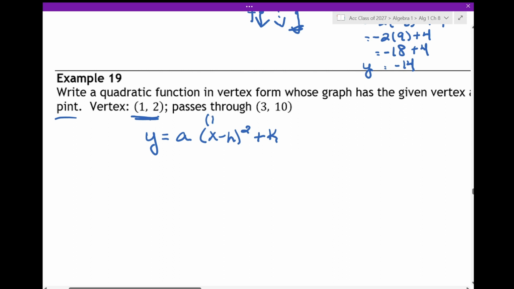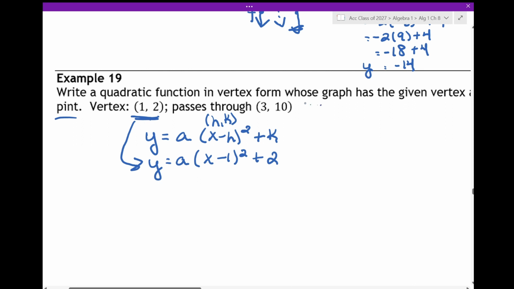Our (h, k), that's our vertex. So plugging in our vertex, we'd have y equals a times (x minus 1) squared plus 2. I just took that vertex and plugged it right in.